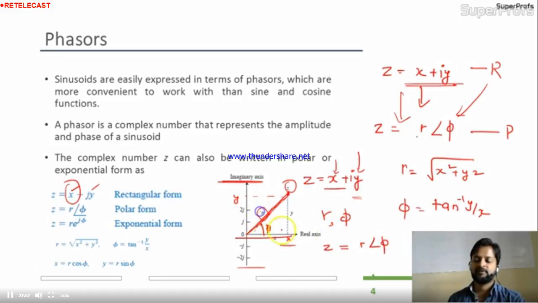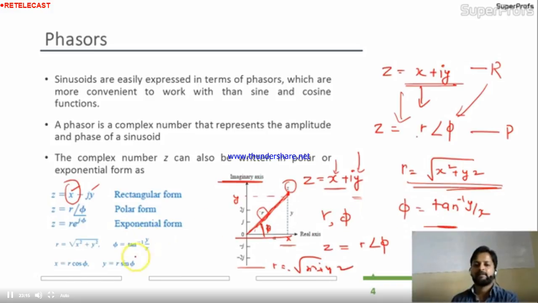What is r? You can easily see this. Pythagoras theorem will apply here. Square root of x square plus y square is nothing but r. I wrote the same thing over here. What is this angle? This angle is nothing but tan inverse y by x. Simple, right?